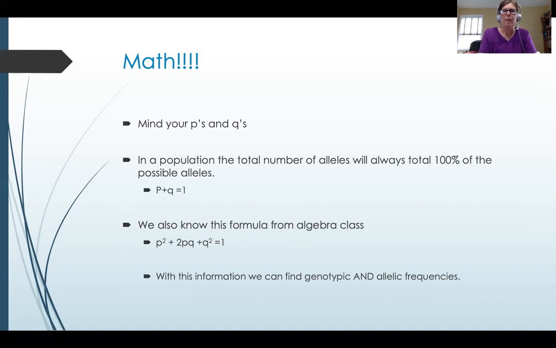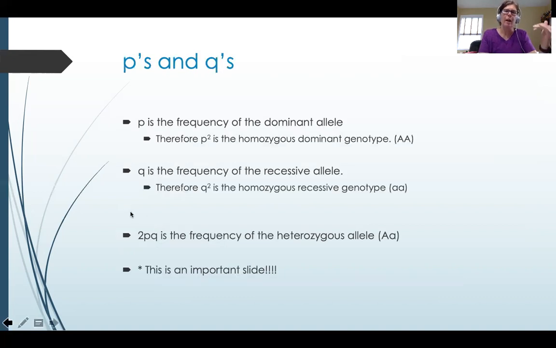With that information, this is probably one of the most important slides in this PowerPoint. When you do your word problems, you need to remember that P is the frequency of the dominant allele. P could be the same as big A, and that's an allele.